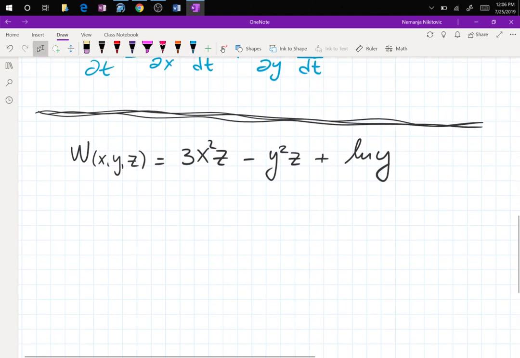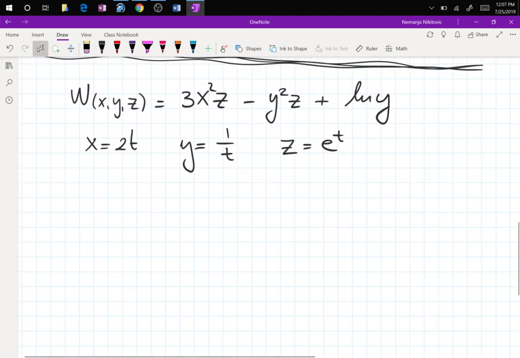It doesn't matter what you write. But now you have that x is equal to 2t, y is equal to 1 over t, and z is equal to, I don't know, e to the t. It doesn't matter. So usually you are given these, and you are supposed to find the derivative in respect to t.